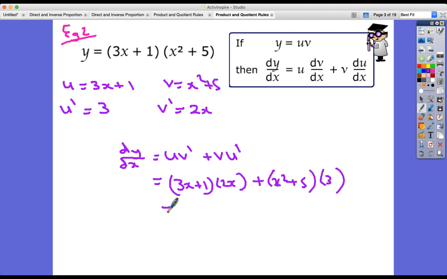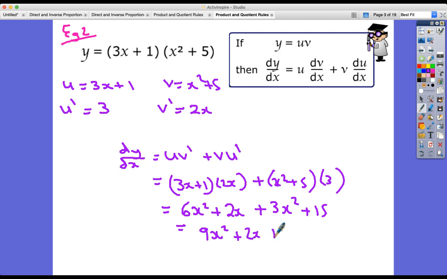Let's simplify that. So what do we get? 2x multiplied by 3x is 6x squared, plus 1 lot of 2x, which is just 2x, plus 3x squared plus 15. I can definitely simplify that: 9x squared plus 2x plus 15 when I gather up like terms.